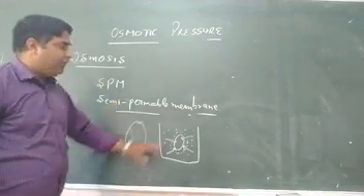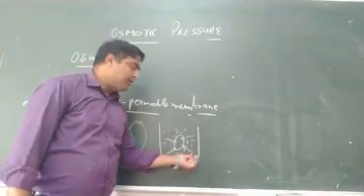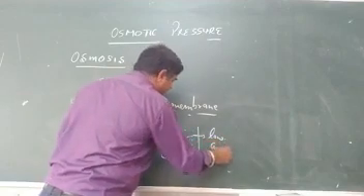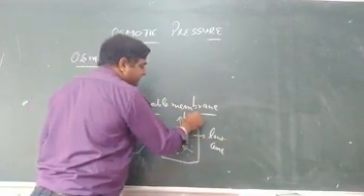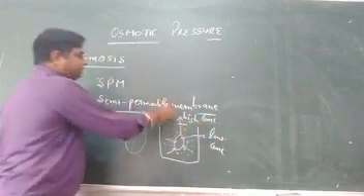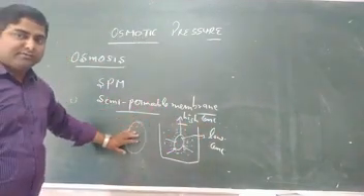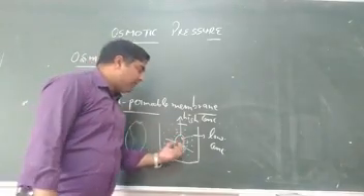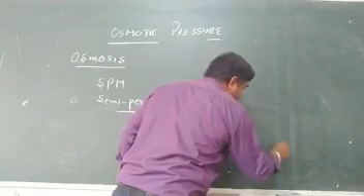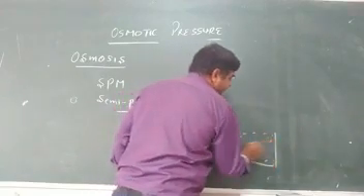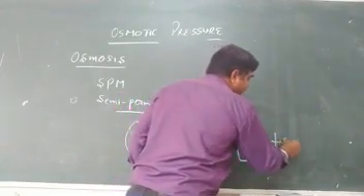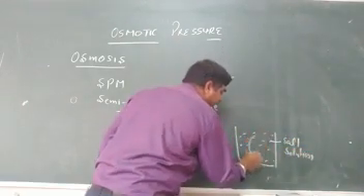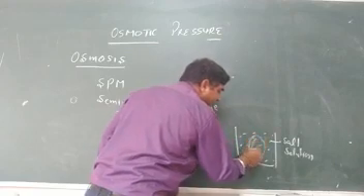And this phenomenon of movement of pure solvent from low concentration to high concentration is called osmosis. Now, if we take again the same egg from the pure water and we place it in a salt solution, you will find that the size of the egg decreases.